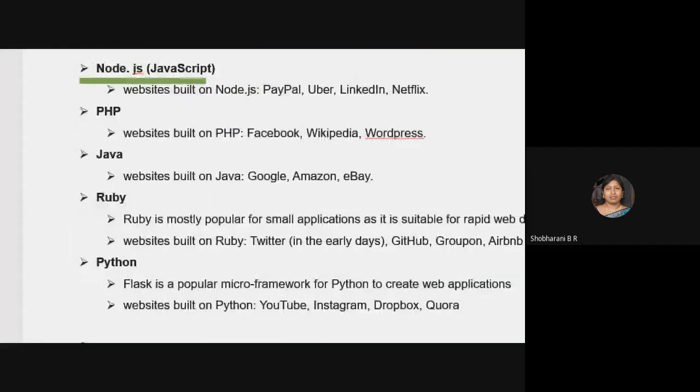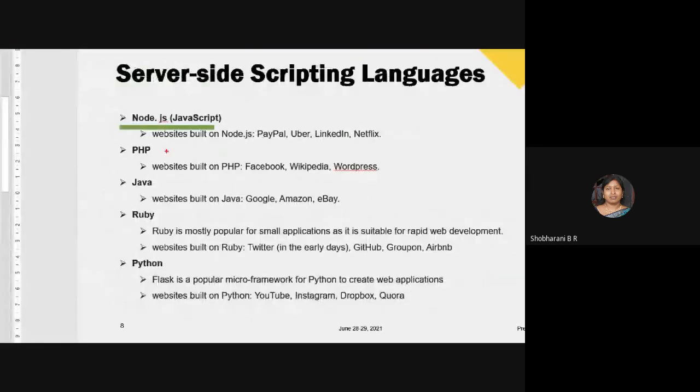Quickly, let us see which are those server-side scripting languages. This is the latest one, which is very much required, and if you are interested, we will go ahead in a later session and get into the latest technologies.